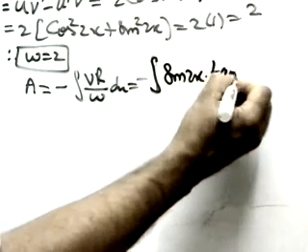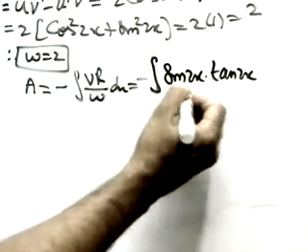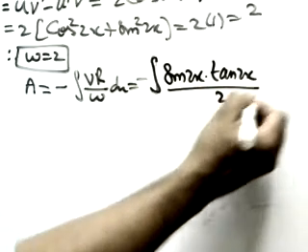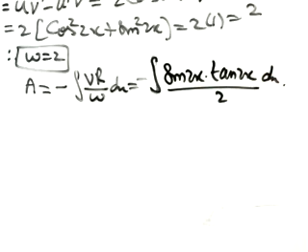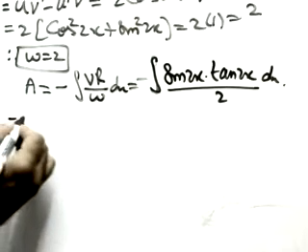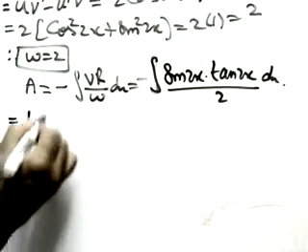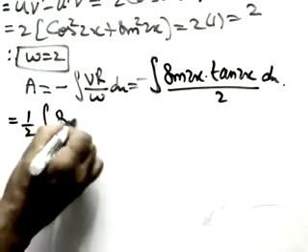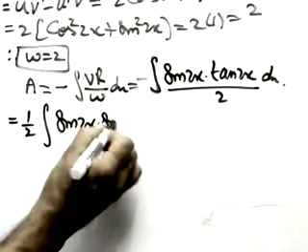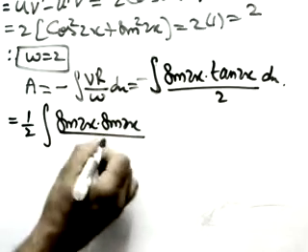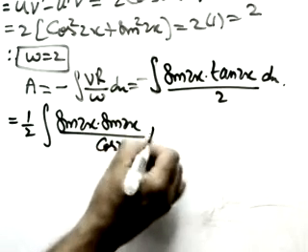So sin 2x into tan 2x, divided by w, divided by 2. Now we have to solve this one. Take 2 outside, since it is a constant. Whenever you get a constant, you take it outside. Now this is sin 2x into tan 2x, and tan can be written as sin by cos.